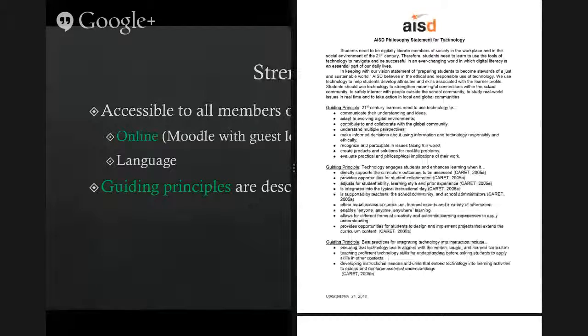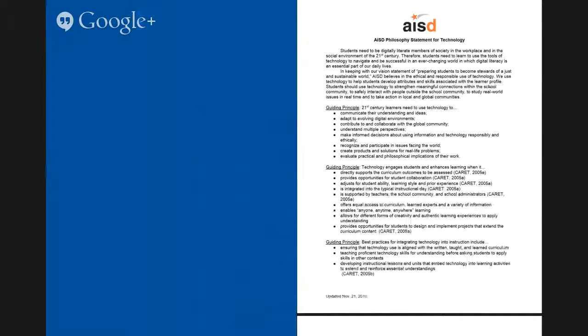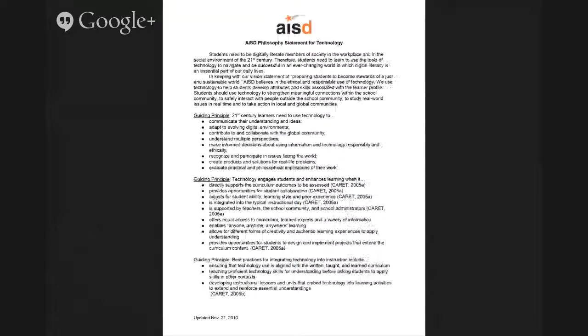As you can see here, we have the guiding principles. There are three of them, and they're bulleted and easy to understand.